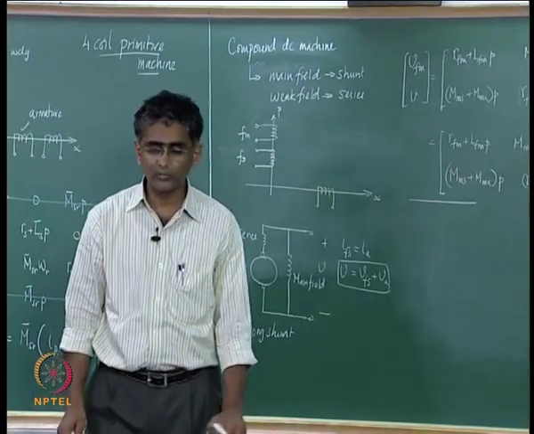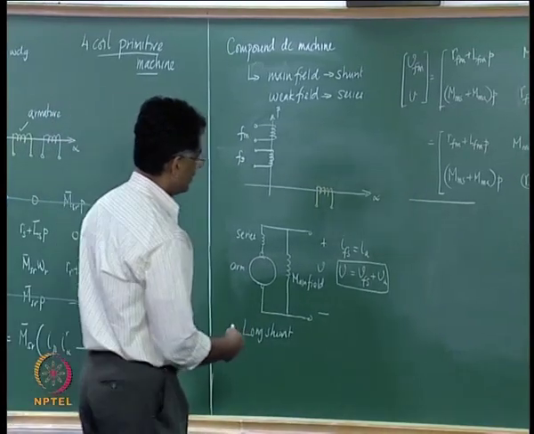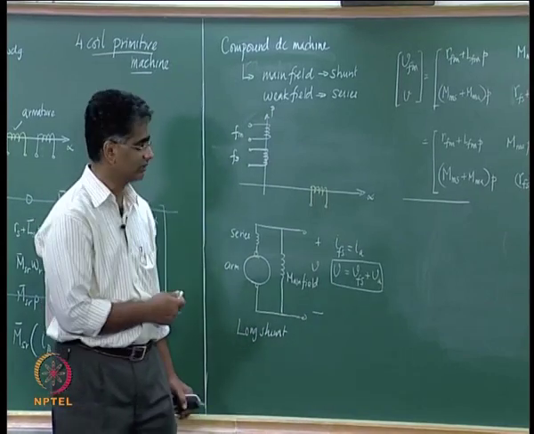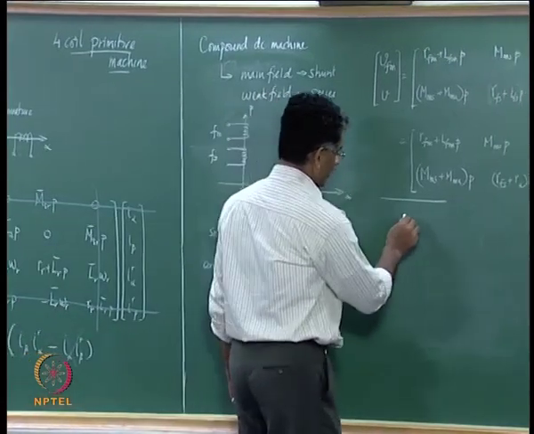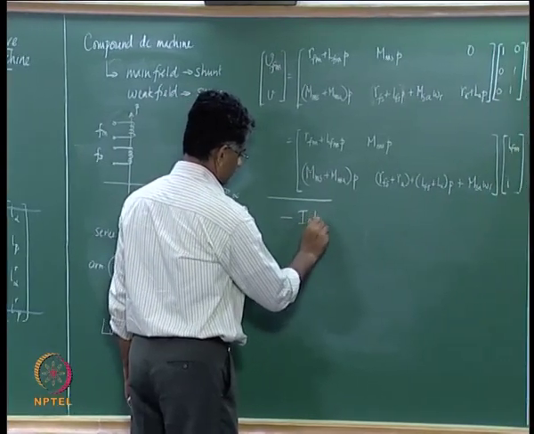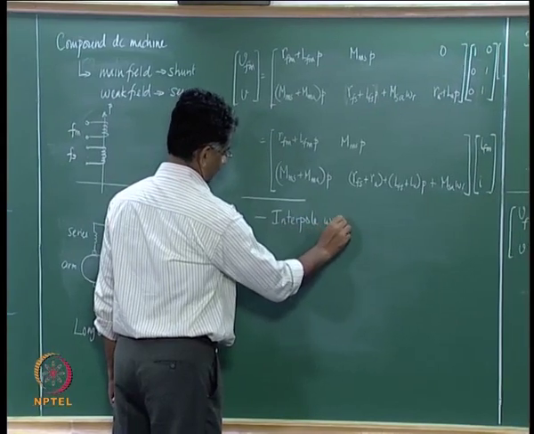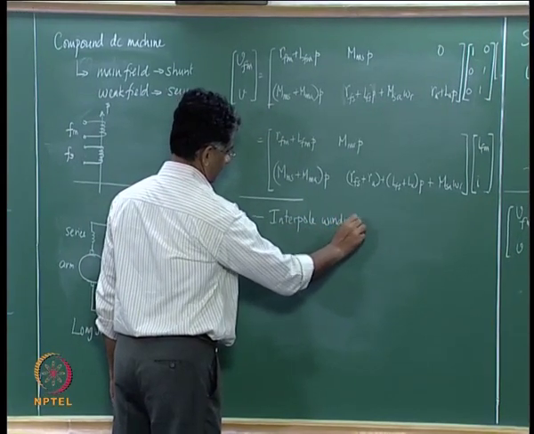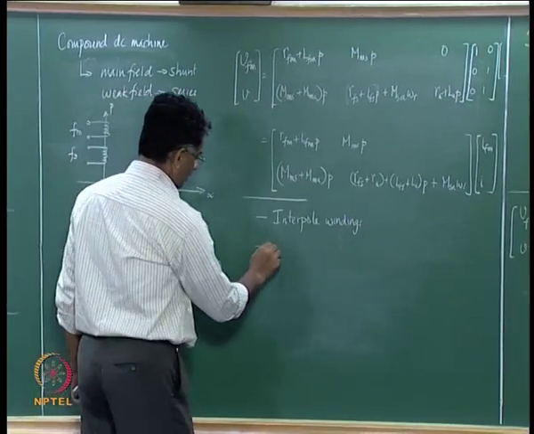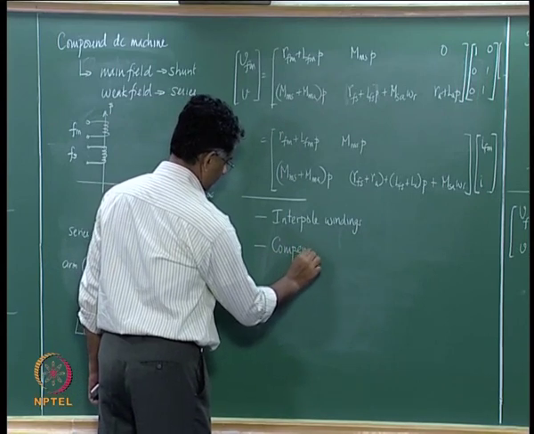Now, apart from these varieties of DC machines, there are other artifacts that are introduced in the DC machines. There are interpole windings that are sometimes introduced. There are also compensating windings that are introduced.